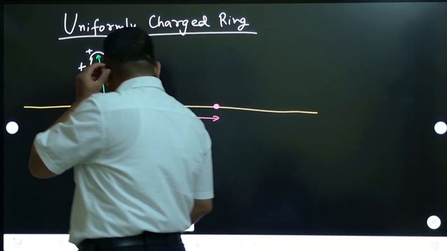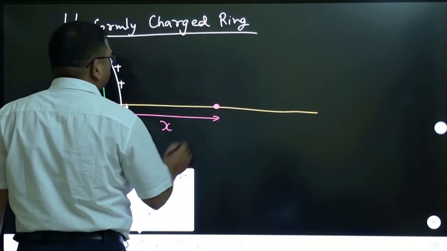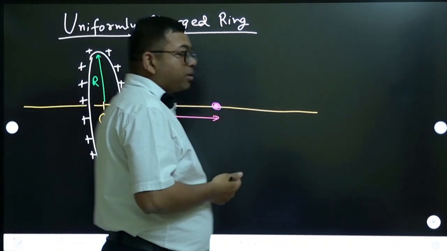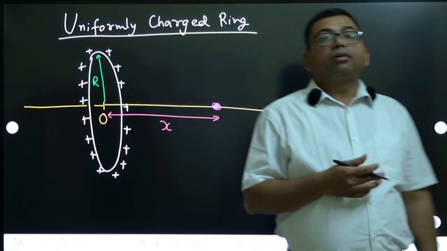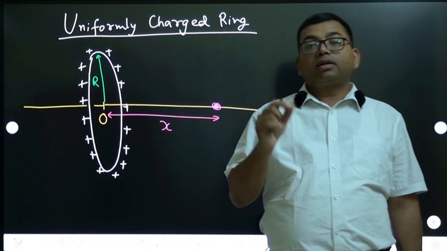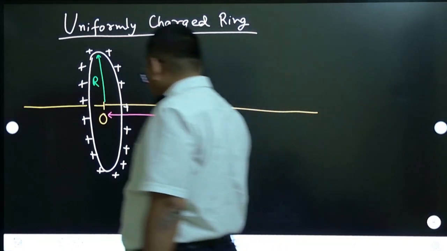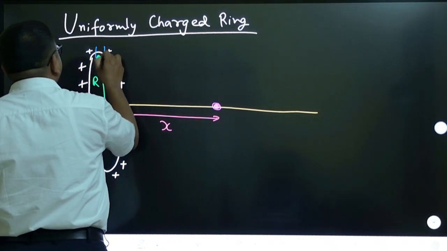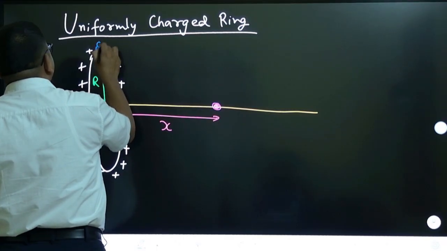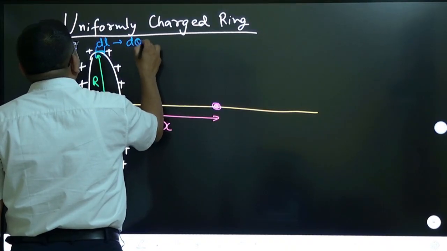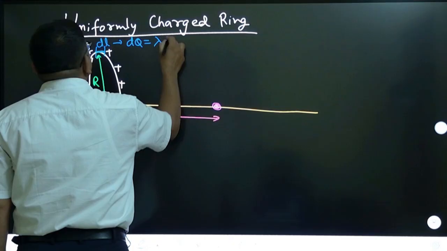To calculate the field, we need to remember that field is defined particularly for point charges, but here the charges are not point charges. So what we will do is cut a small element and then calculate. Let us take a very small element dl, and it will have a charge of dq, which is lambda into dl.